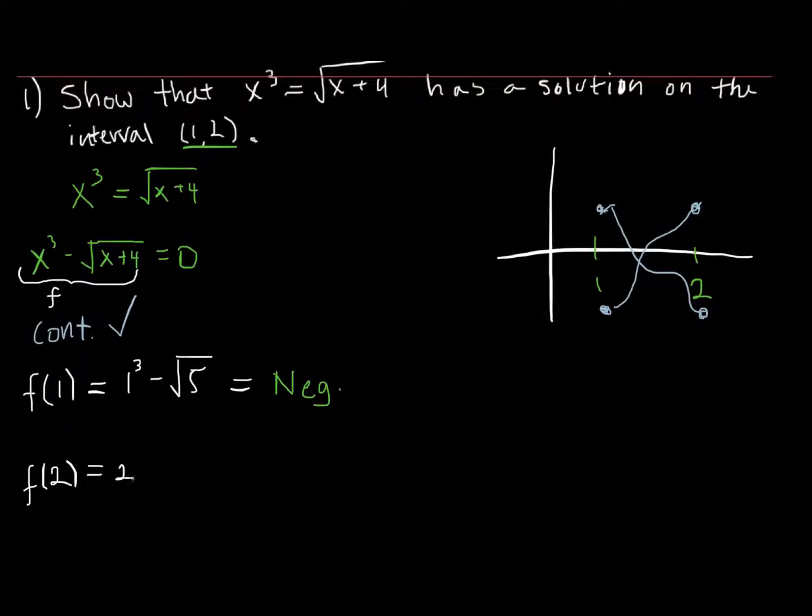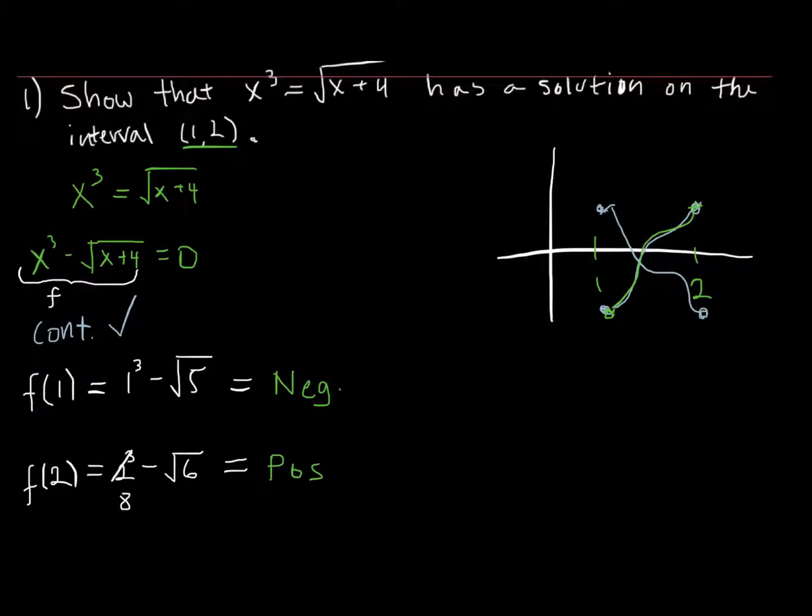Here I'll have 2 cubed minus the square root of 6. 2 cubed is 8. So 8 minus the square root of 6, well, the square root of 6 is in between 2 and 3, so this is certainly positive. So if I'm looking at my function, I know at an x value of 1, the function is negative, and at an x value of 2, the function is positive.